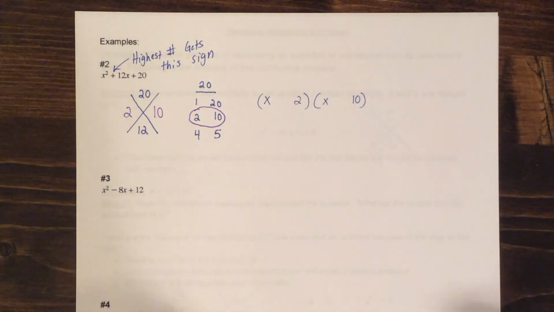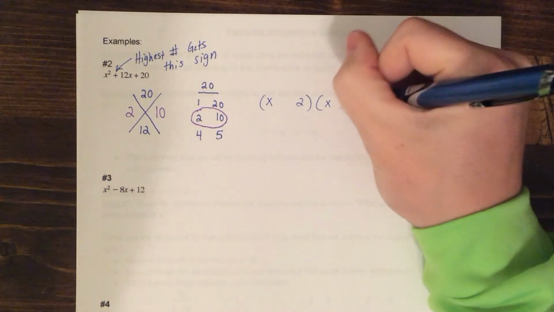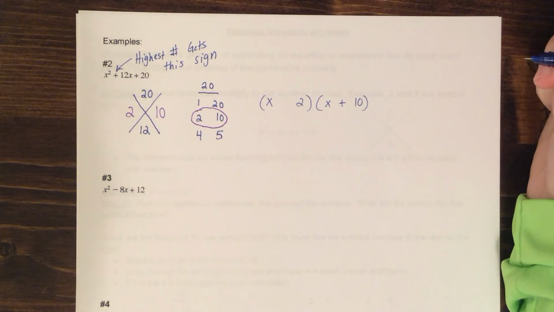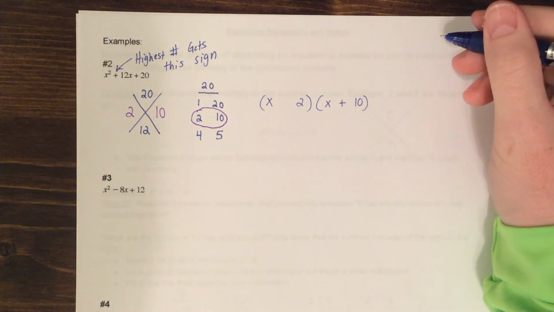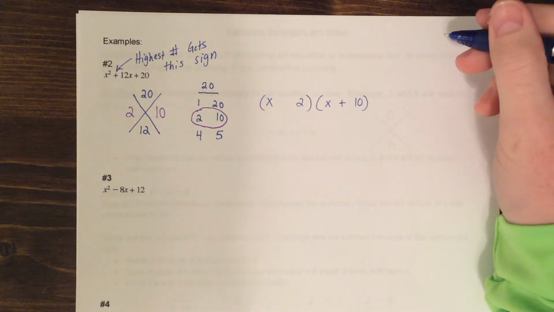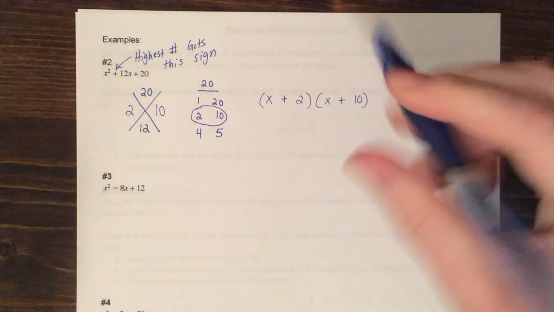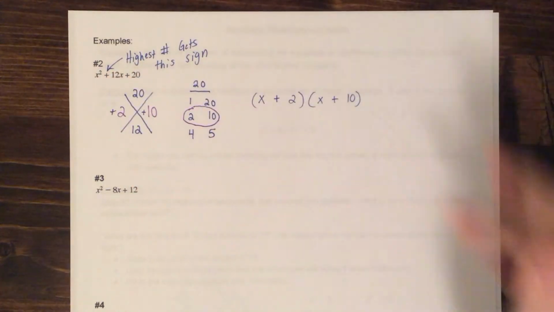Well, what's the higher number between 2 and 10? It's 10. So 10 is going to be positive. Now, I'm trying to get to 12, so I need to think about 10 plus 2 or 10 minus 2 is going to get me to 12. 10 plus 2 is going to get me to 12. So these should both be positives.